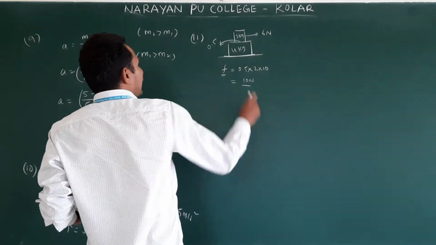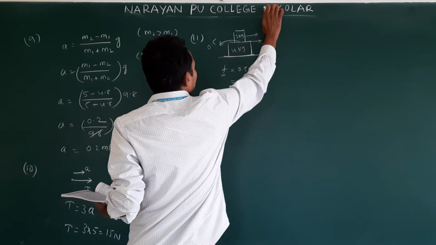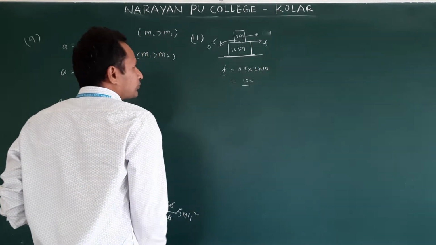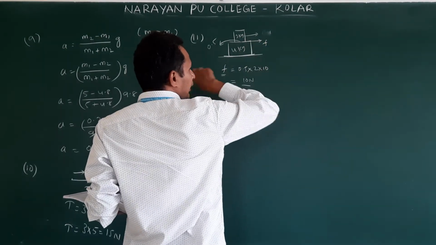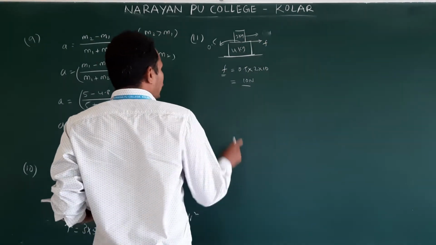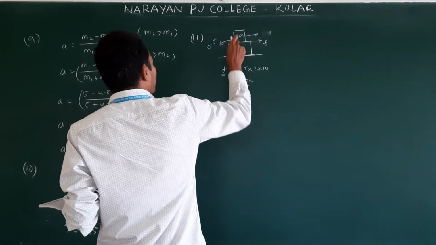Clear? So they are asking the acceleration of this. So 6 newtons will act in this direction. Friction takes both objects in the applied force direction. So now this is accelerating both objects. Clear? Both masses.